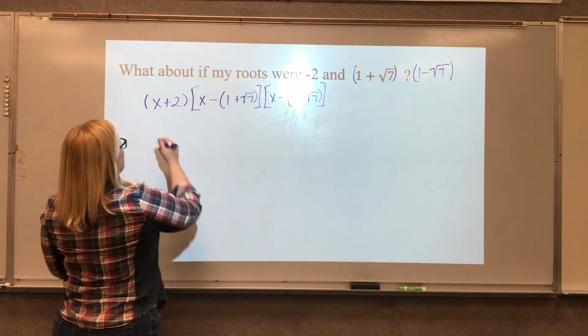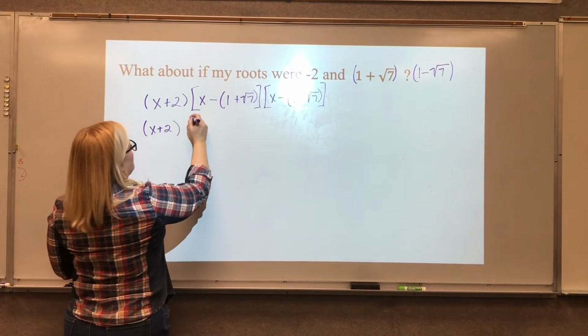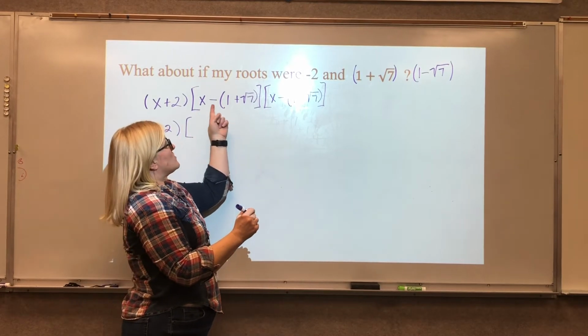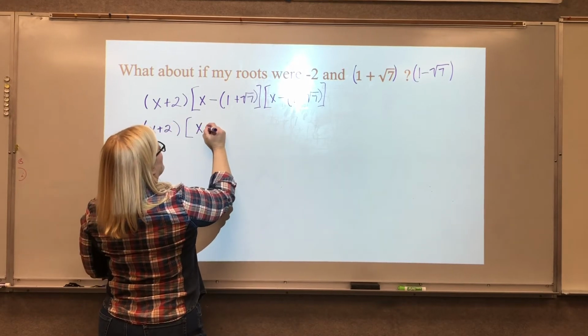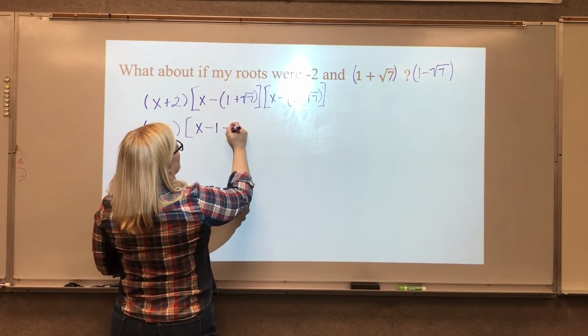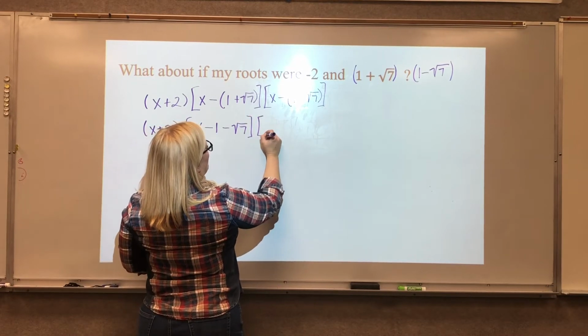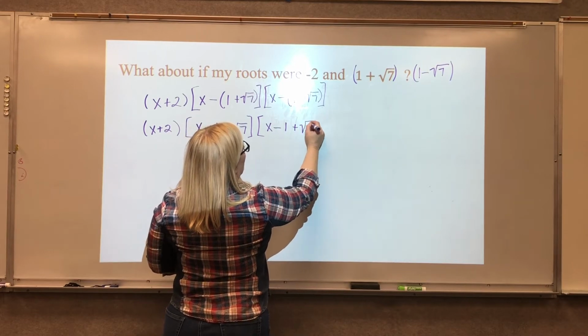All right, so this is where it gets tricky, just watch very closely, take really good notes. This one's just going to hang out for a while because we really don't need to do anything with it. These, on the other hand, the first thing we're going to do is distribute the negative. So we have x minus 1 minus the square root of 7. Over here we have x minus 1 plus the square root of 7.